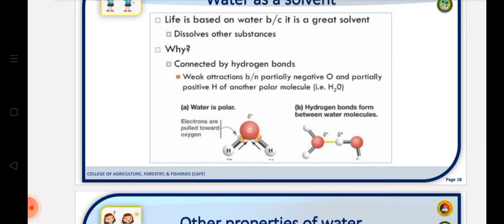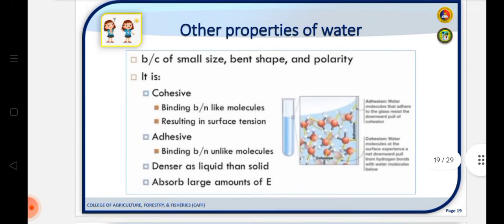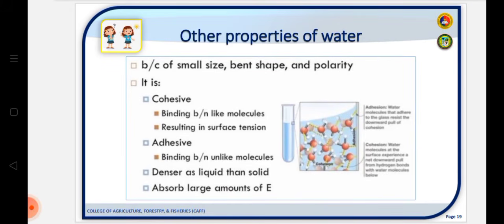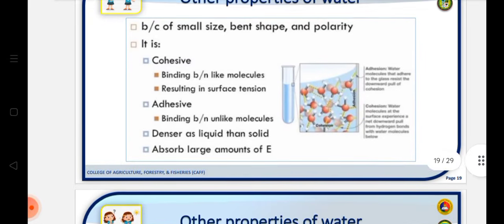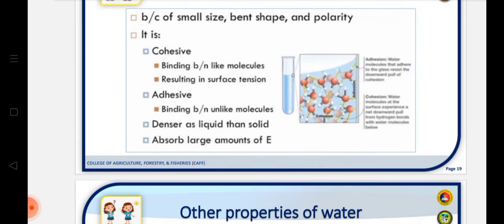And we are going to discuss why water is unique, or the properties of water. Because of small size, bent shape, and polarity, water is cohesive, water is adhesive, water is denser as liquid than solid, and water also absorbs large amounts of energy.